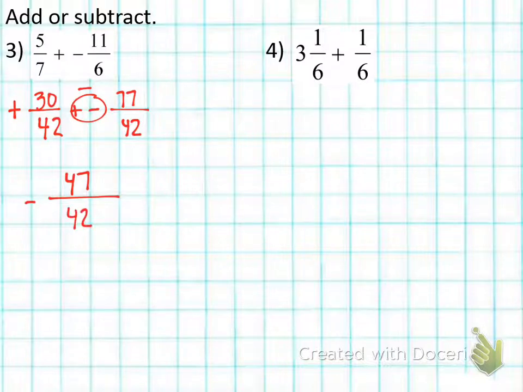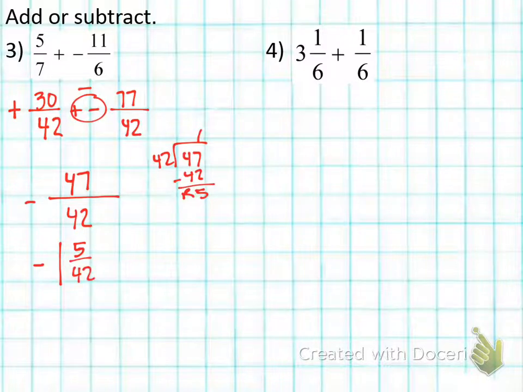So some of you got that, and remember the last step we wanted to make this a mixed number, so we got 47 divided by 42, it goes in once, remainder of 5, so our answer is going to be negative 1 and 5/42. Can you fix your whiteboards if you made a mistake? I want to make sure you all have the right answer.